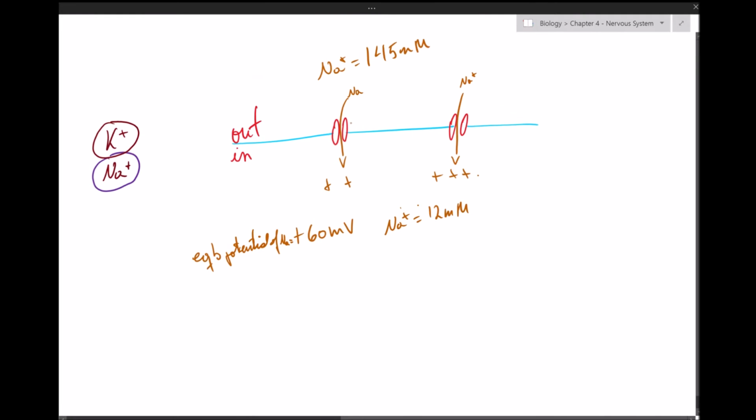Well, just like we talked about with potassium, once the inside becomes very positive compared to the outside, it will start to move the ions back towards the outside of the cell. When the net movement of sodium ions into the cell and out of the cell is balanced, that is what is called the equilibrium potential of sodium, which is at positive 60 millivolts. So at positive 60 millivolts, you will see no net movement. And it's positive because sodium is moving into the cell.